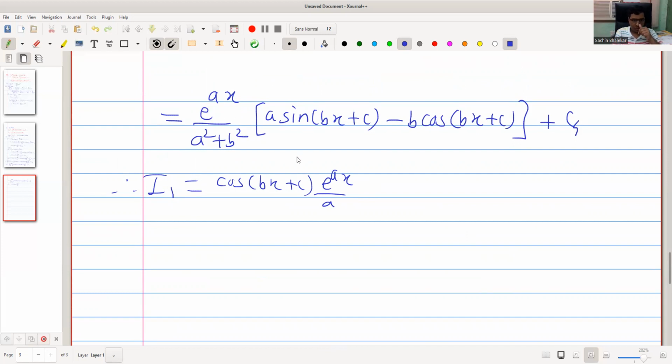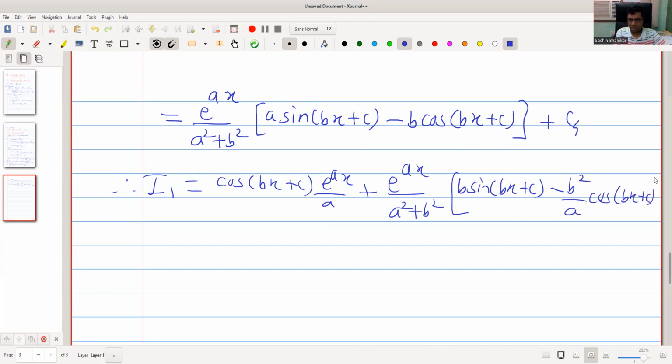Okay, so we simplify it, plus e raised to ax upon a square plus b square into b upon a into this. So b sine bx plus c minus b upon a. So it is b square upon a cos bx plus c.